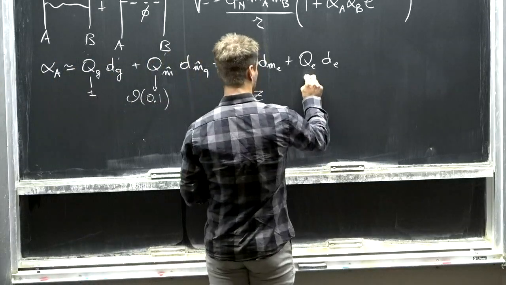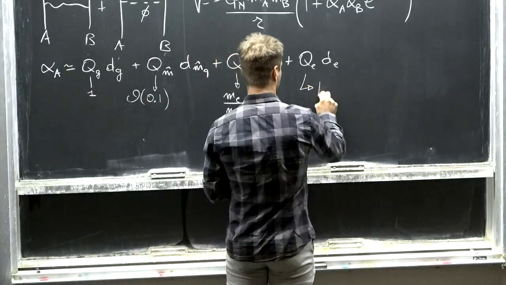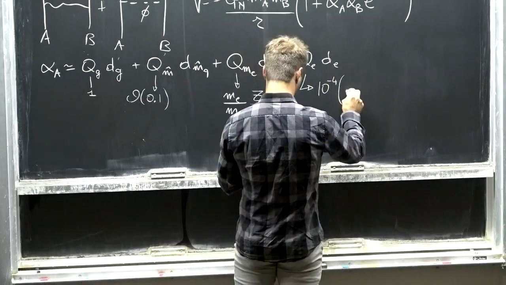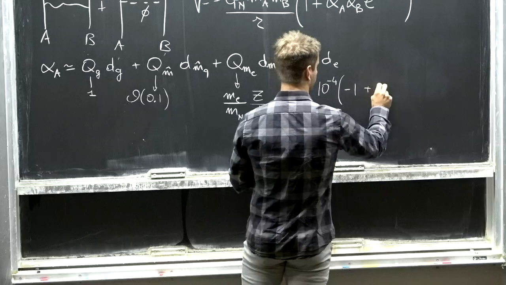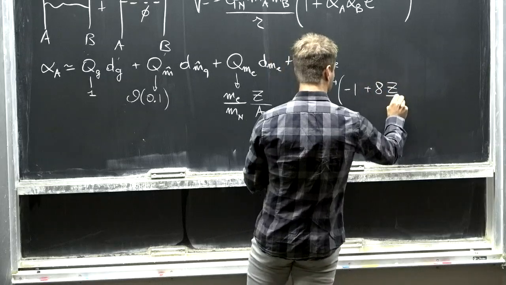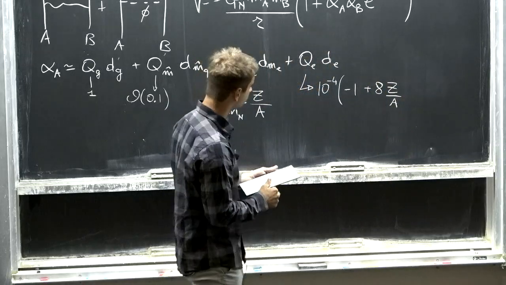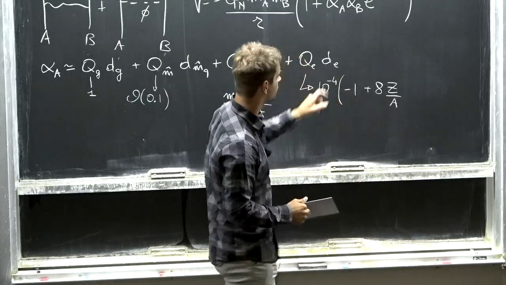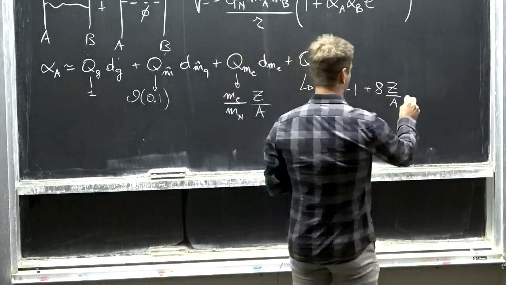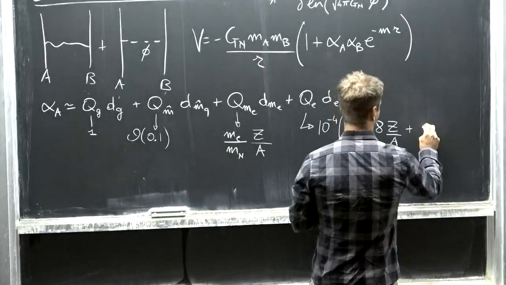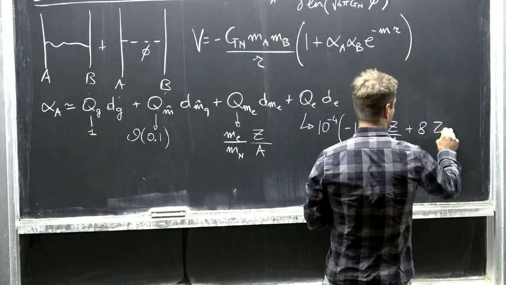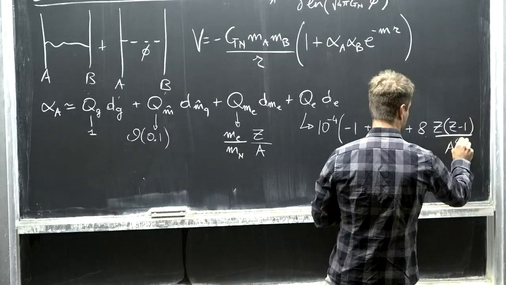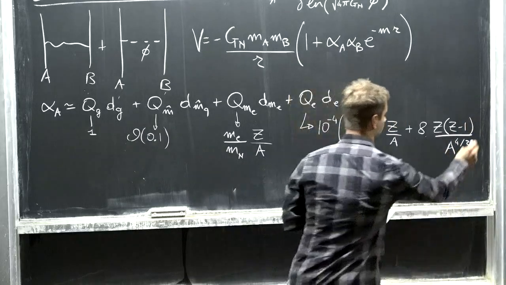And then QE here is the most strongly composition-dependent piece. So roughly speaking, this is -1 plus 8 Z over A. This term is coming from how much the proton mass changes as you change the fine structure constant. And then there's some mutual repulsion between the protons in the nucleus that scales like this.